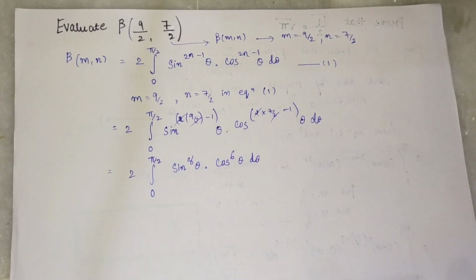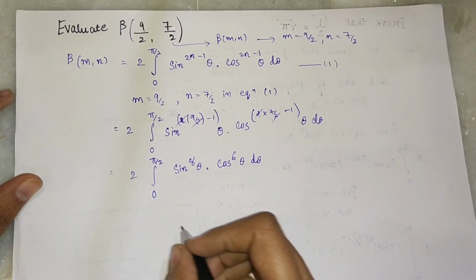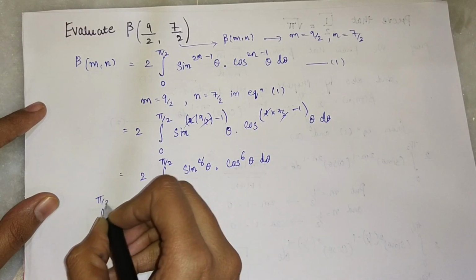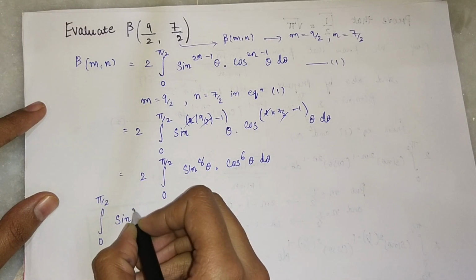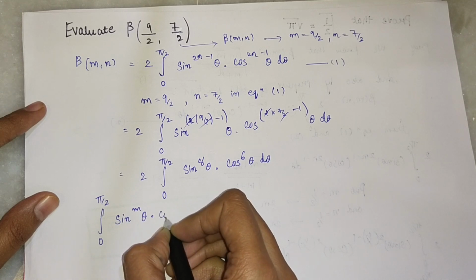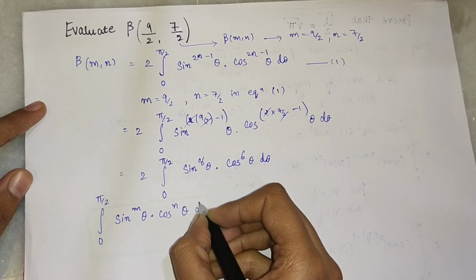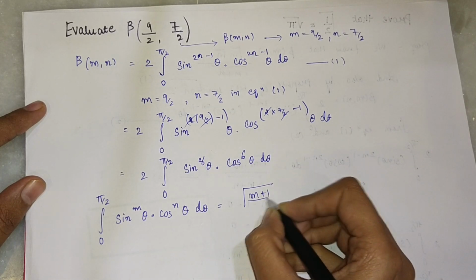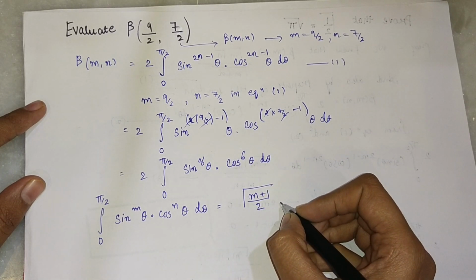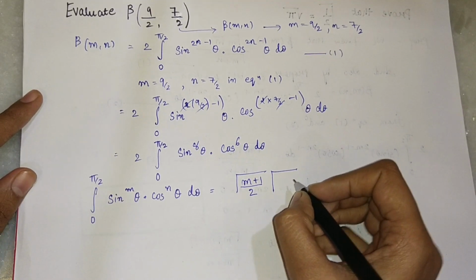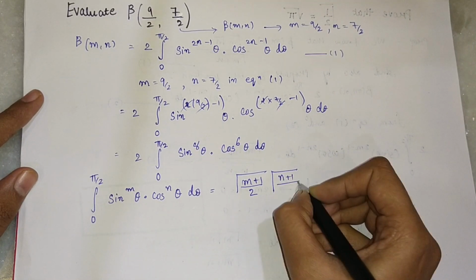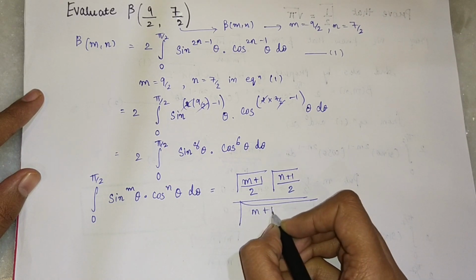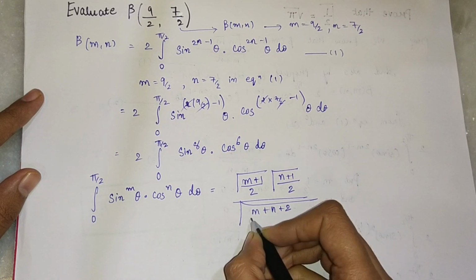Okay, but you have to remember this property that integral 0 to pi by 2 sine raised to m theta into cos raised to n theta d theta is always equivalent to half into gamma of m plus 1 by 2 into gamma of n plus 1 by 2 divided by gamma of m plus n plus 2 divided by 2.